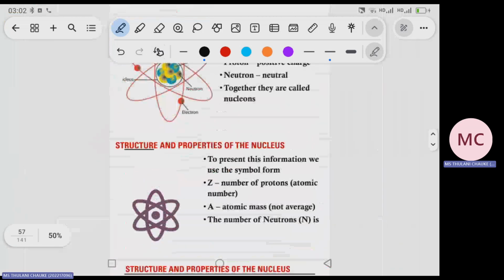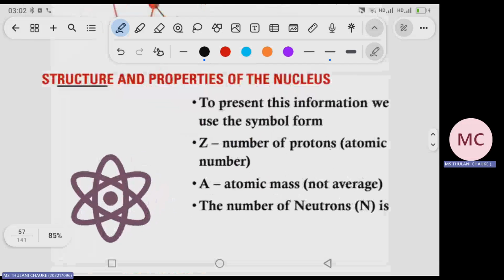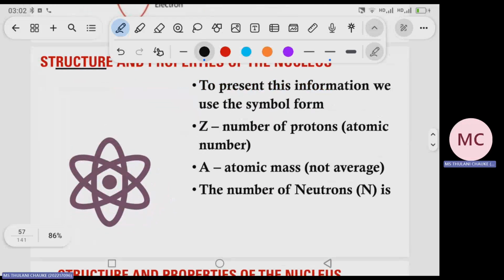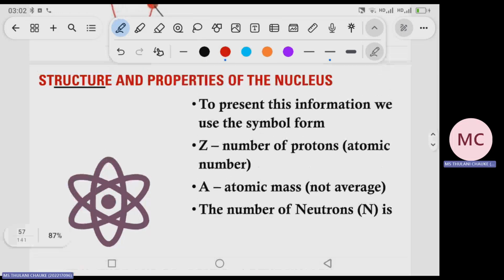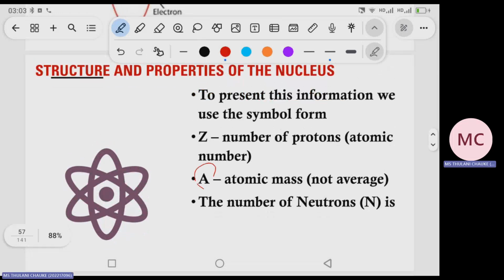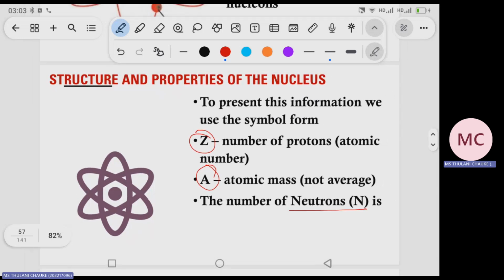So now, what I want us to talk about. These are the symbols that we'll be using, right? A for atomic mass, Z for the number of protons, and N for the number of neutrons.